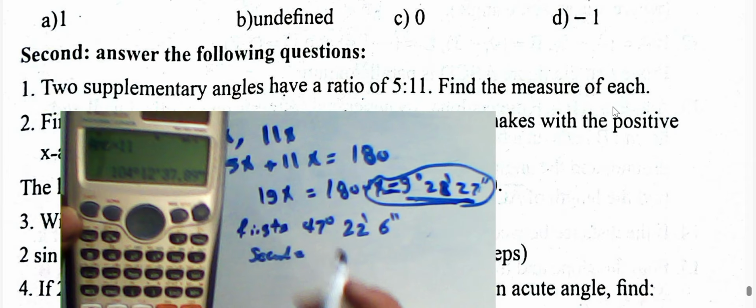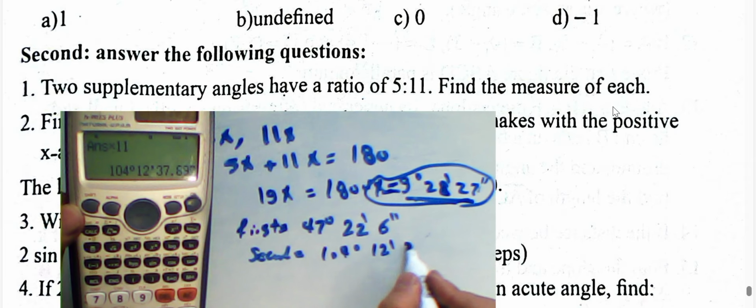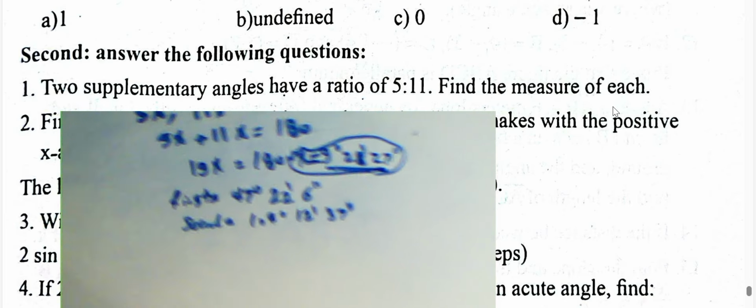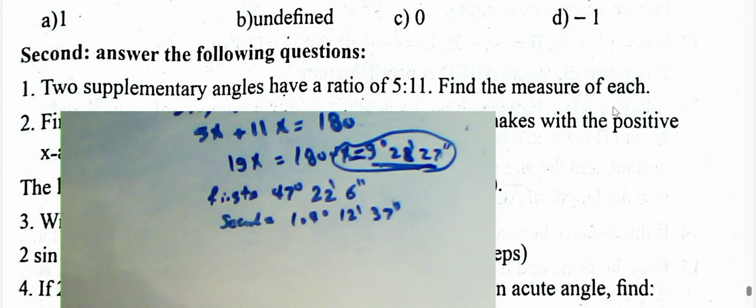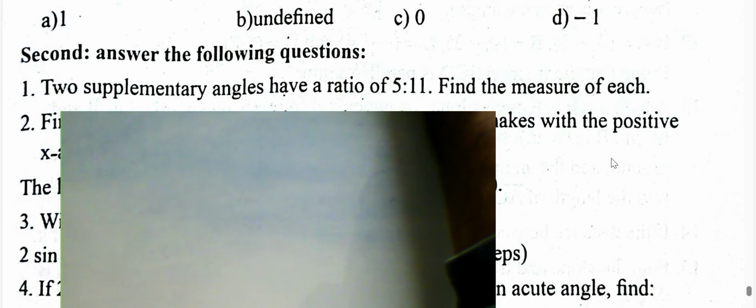Understood? Supplementary angles means the sum of two angles equals 180, but complementary means the sum of them equals 90 degrees.